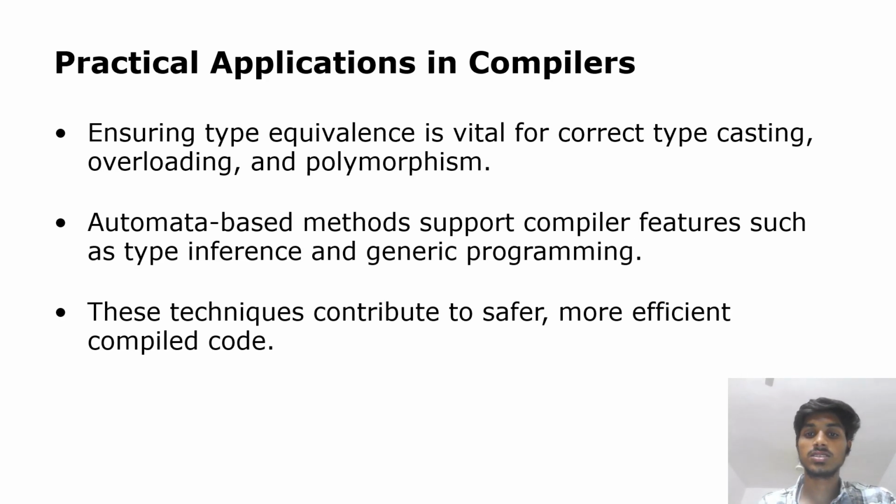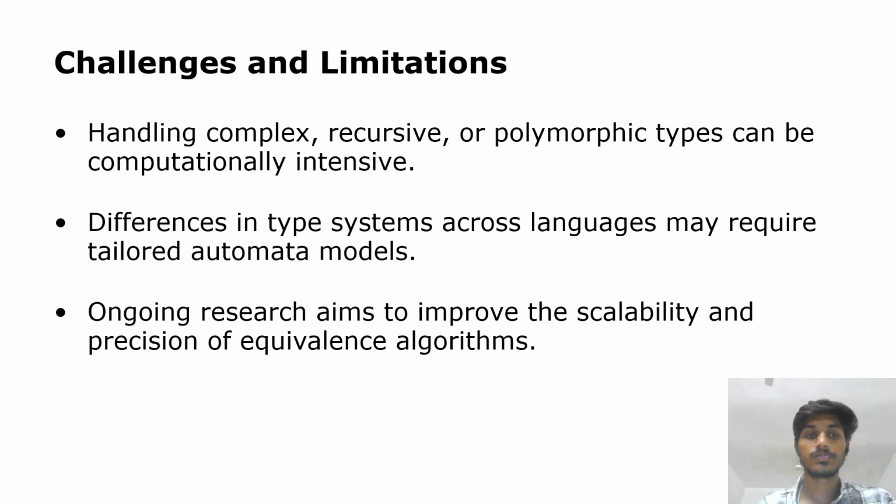Practical applications in compilers. Type equivalence is vital for correct type casting, overloading, and polymorphism. Automata-based methods support compiler features such as type inference and generic programming. These techniques contribute to safer and more efficient compiled code.